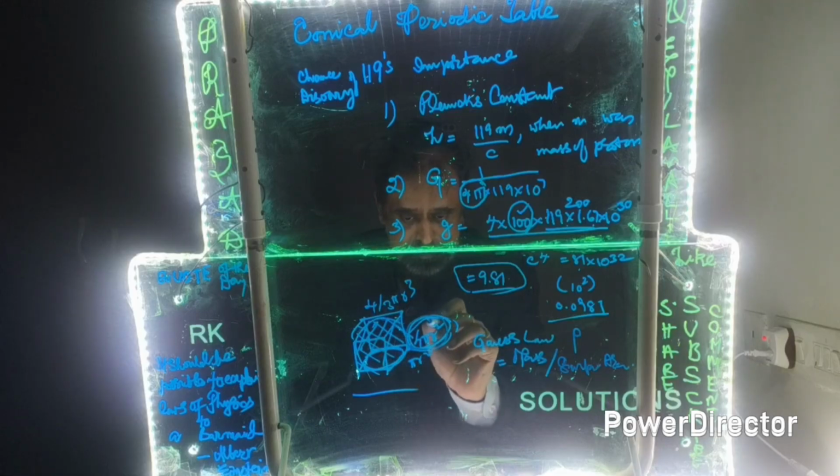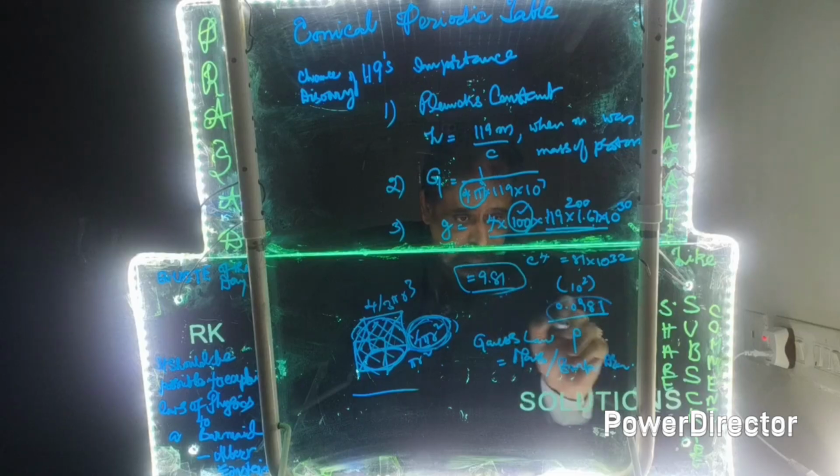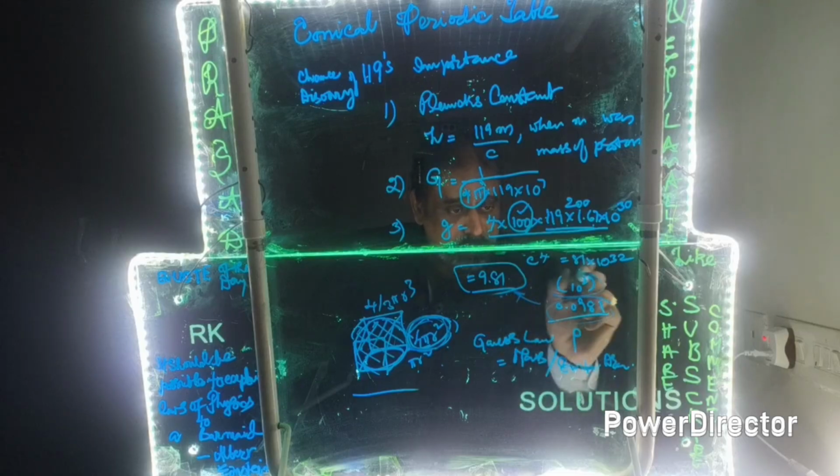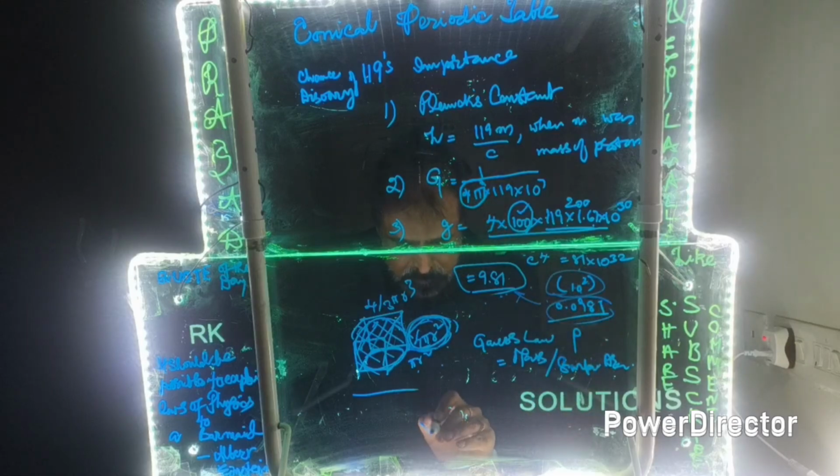I was concentrating on this 4 pi r squared, and in that confusion I mistook this as this. So it went wrong by a factor of 10 raised to 2. So whatever I took into 100 gave me the acceleration due to gravity.